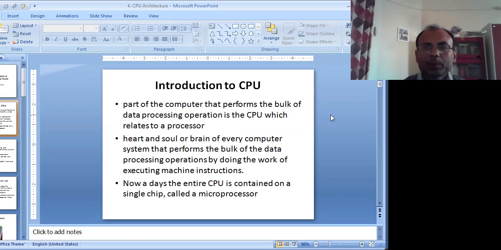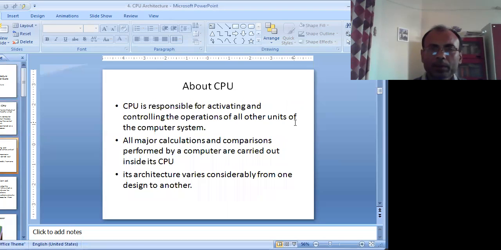The entire CPU nowadays is contained within a chip called the microprocessor, the complete processing chip responsible for the operation of the central processing unit of the computer.